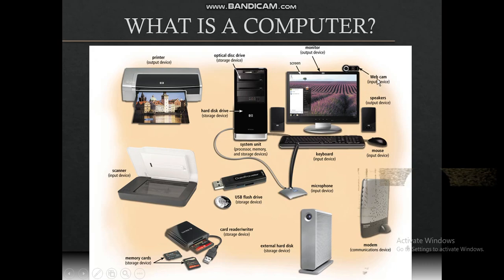We also have the webcam, an output device, and the speaker of the computer. Moreover, we have the keyboard, the mouse, the microphone, and the USB flash memory. We have the scanner, which does the input to scan any document that you want to keep inside the computer. We have the external hard disk, and also the modem, that's for communication, maybe when you want to connect to the internet.